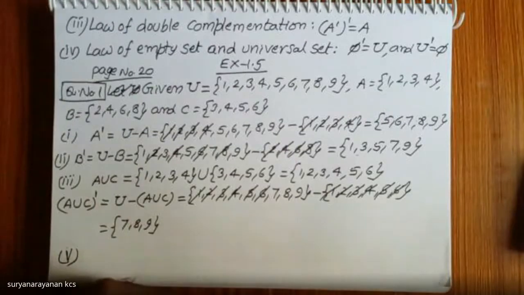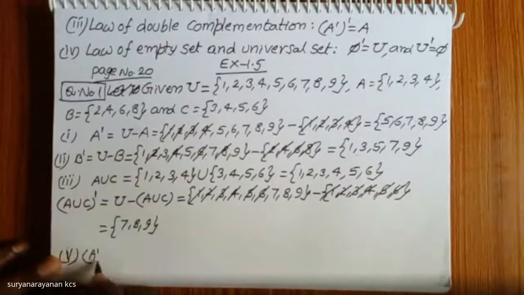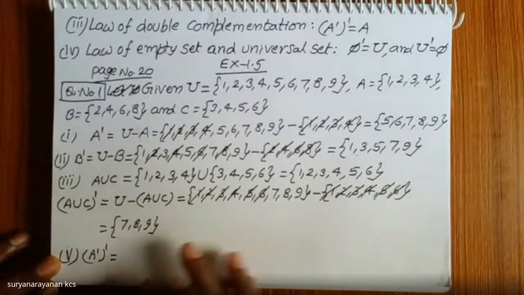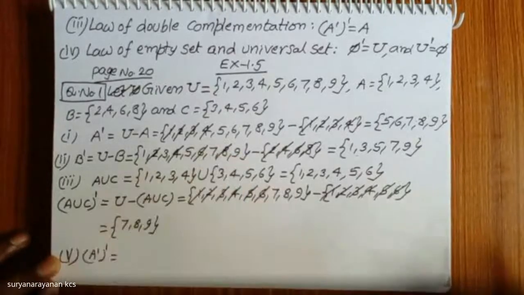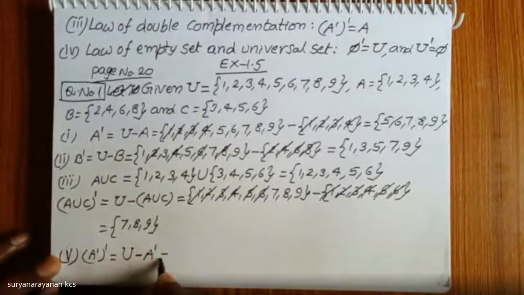Next one, A dash whole dash. A dash whole dash means we remove this dash, this symbol. So universal set minus A dash.